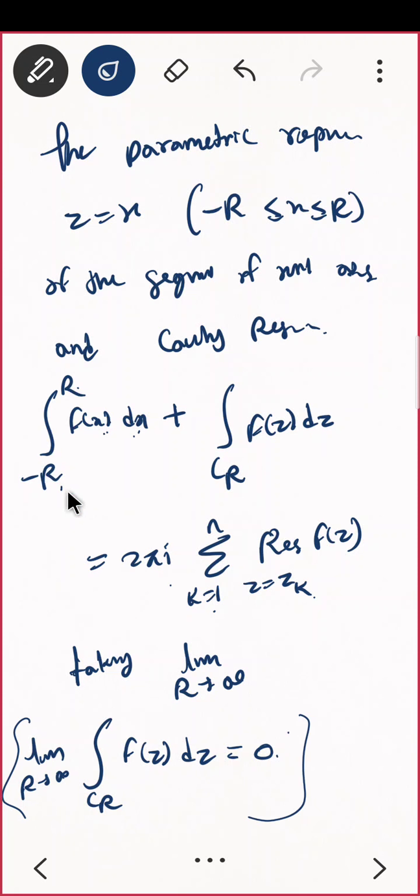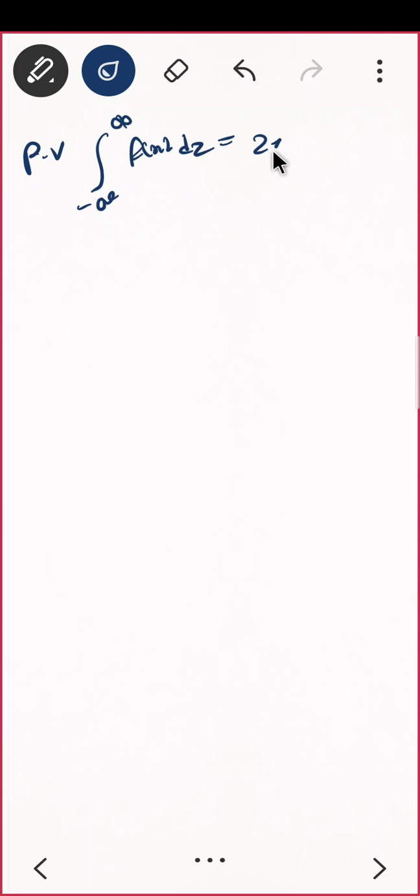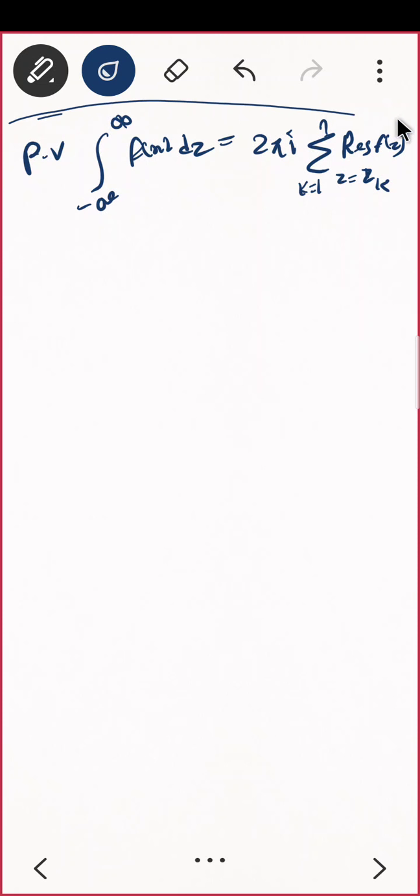What will be this guy, minus r to r? If you are putting infinity, this will become the principal value, that is, the principal value of the integral from minus infinity to infinity of f of x dx. That is just equal to 2 pi i times the sum of residues. So this is the most important thing.